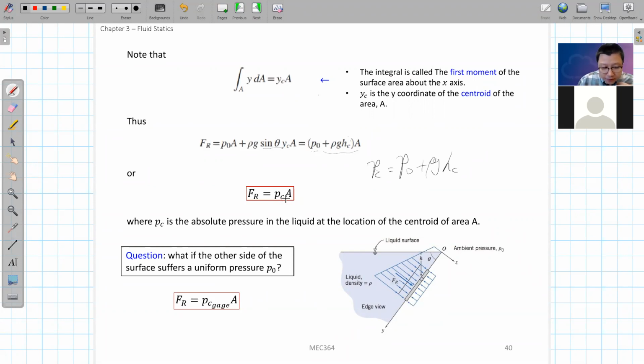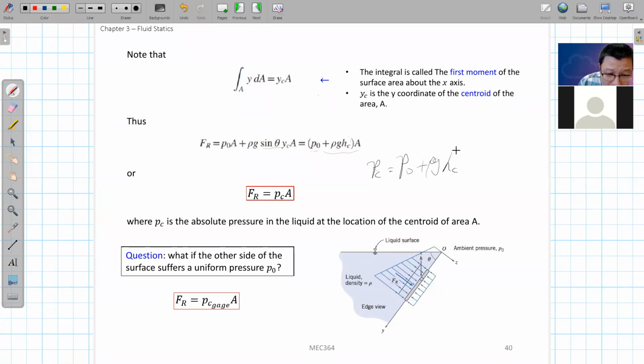So what is this telling us? It's telling us that if we want to calculate the magnitude of the resultant pressure force, all we need to do is two steps. The first step is to find what this H of C will be, that is, the centroid of this plate and the depth of this central point under the liquid.